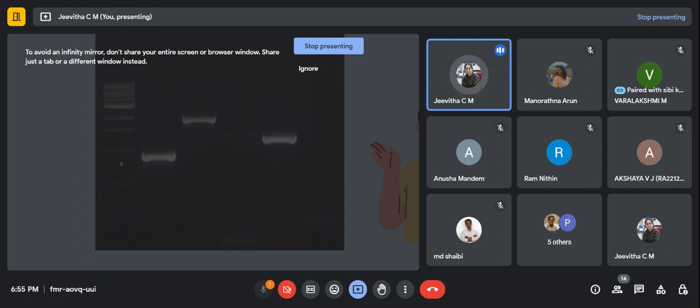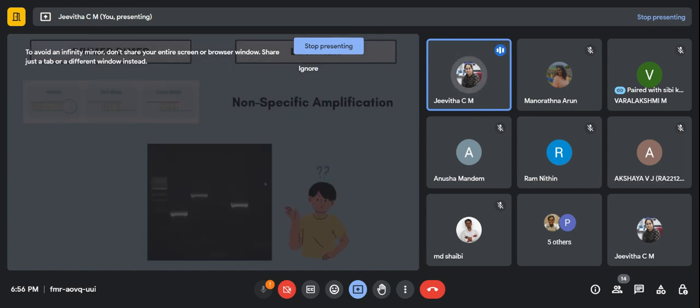I am telling this based on the product length, because when I'm designing the primers, I know what product length I'll be expecting. This is the product length I'm expecting, but I have got an additional band here, which is called a non-specific amplification. So we have to remove all those things.